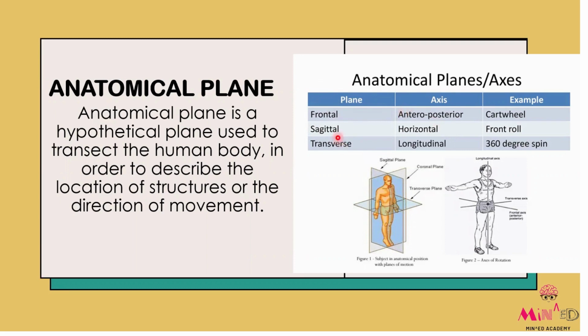It is also known as the coronal plane or frontal plane. Then the sagittal plane, and the transverse plane has a longitudinal axis, as you can see in the diagram. The transverse plane divides the body into upper half and lower half. The sagittal plane divides the body into right half and left half, and the coronal plane divides the body into anterior and posterior half.